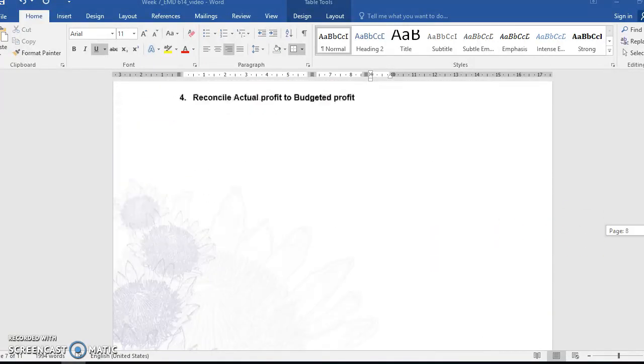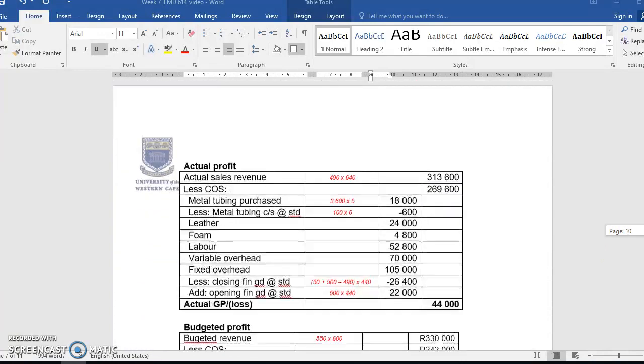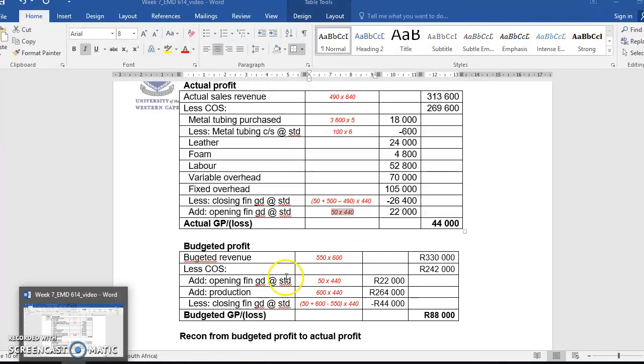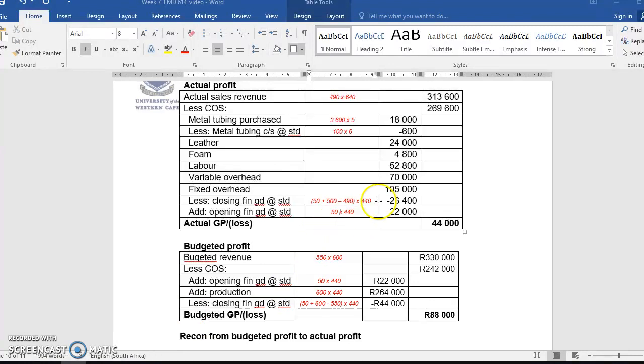So opening stock should be 50 times 440, which is 22,000.